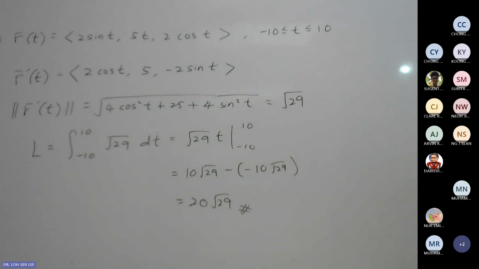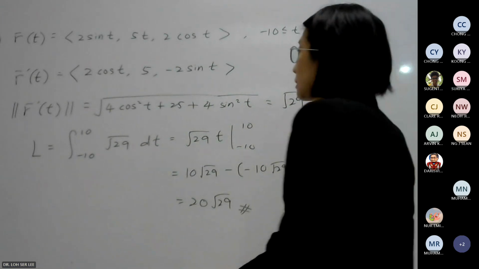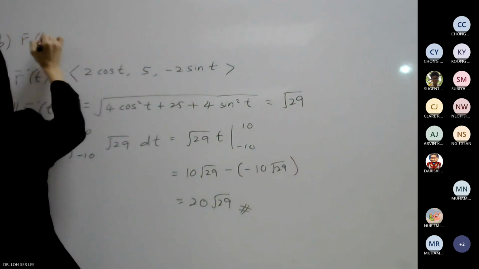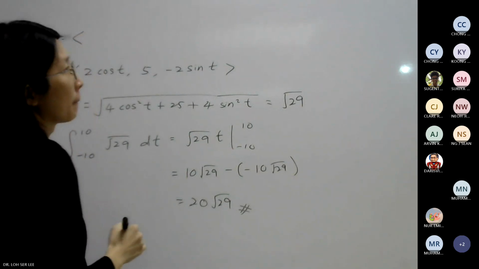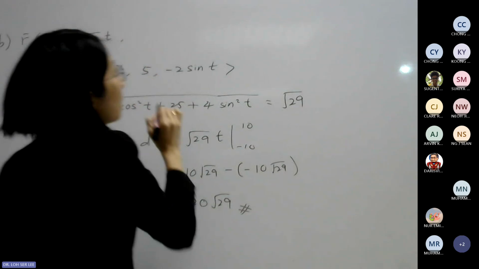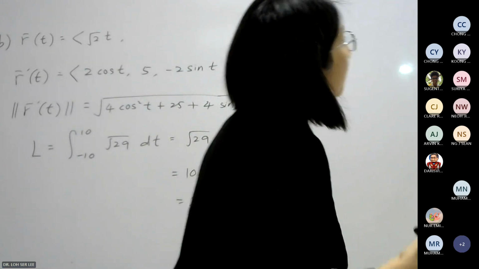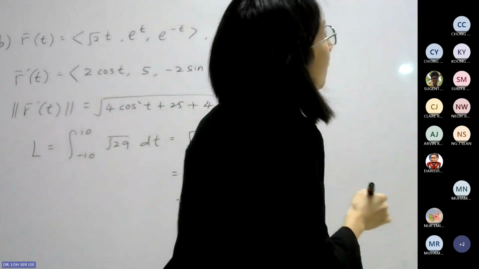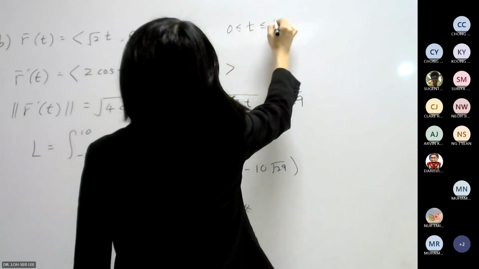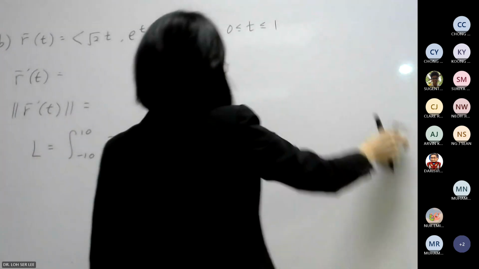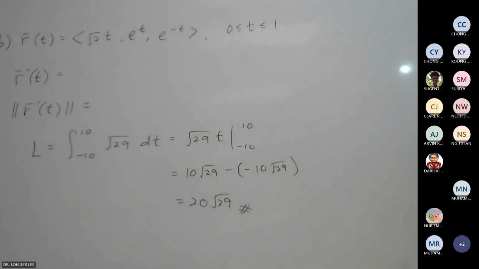Okay, any questions for number 1A? Okay, t is given from 0 to 1.